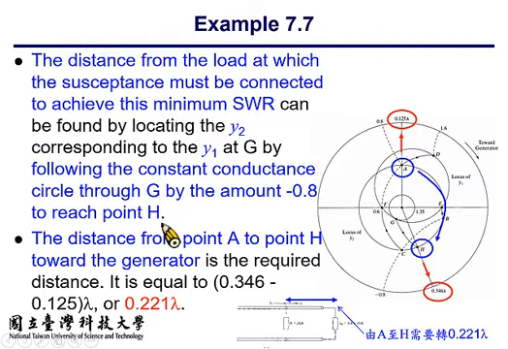And the corresponding distance for H is 0.346 lambda, right? So the distance is 0.346 minus 0.125. You can do the math, right? So the distance required is 0.221 lambda.